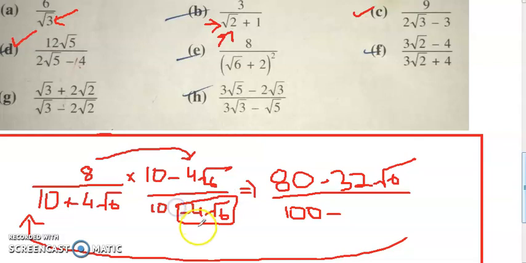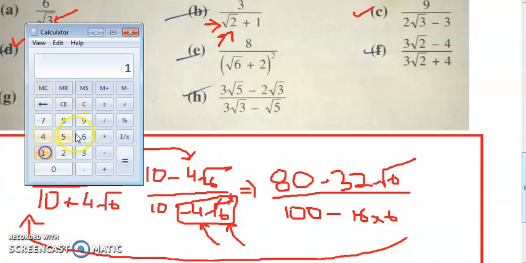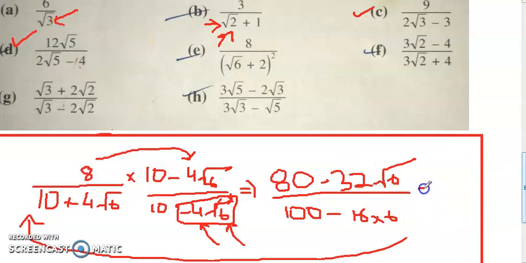If you square this, square will be applied to 4 as well as to root 6, right? 4 square is 16, and under root 6 square, the square and the root will be cancelled, so we'll multiply it by 6 only, right? And therefore the answer should be 16 multiplied by 6, which is 96, right? So we'll write 96.